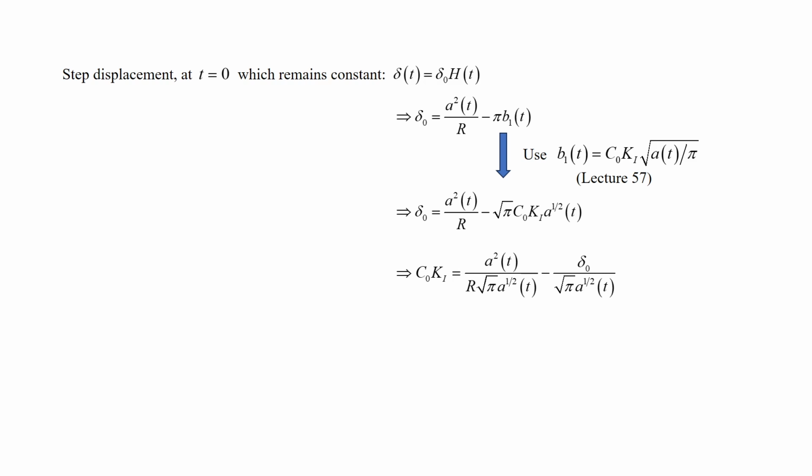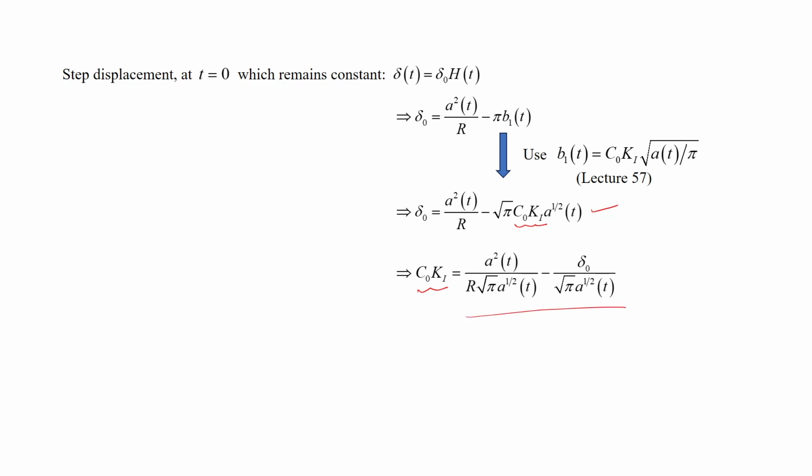So, here you substitute this expression for B1 and you get this expression. From there you can do a little algebra to obtain this C0 into Ki. So, C0 into Ki simply comes from this equation, and it is given like this.